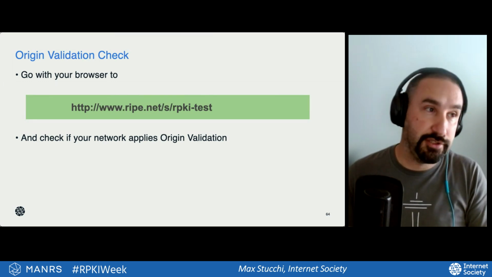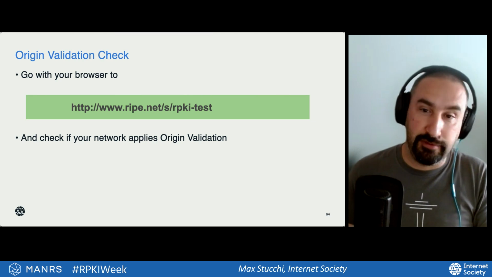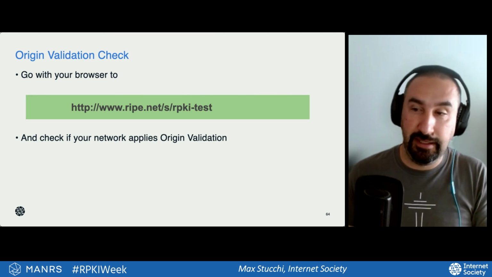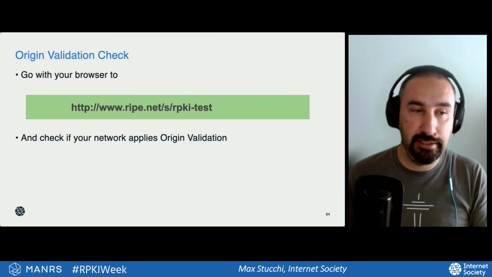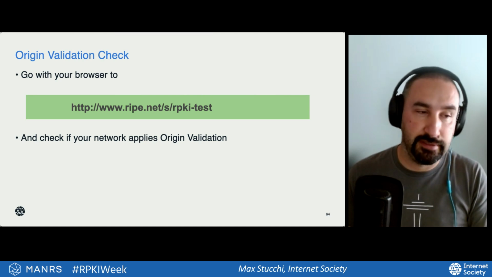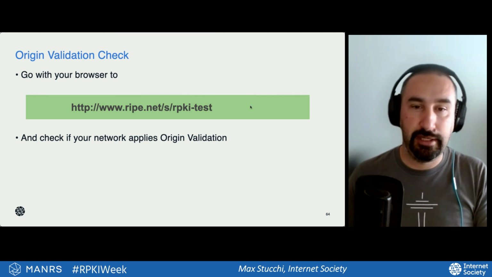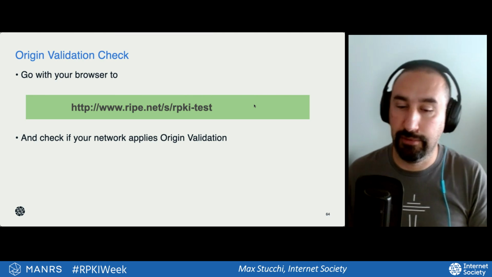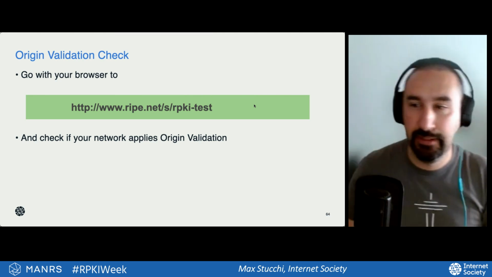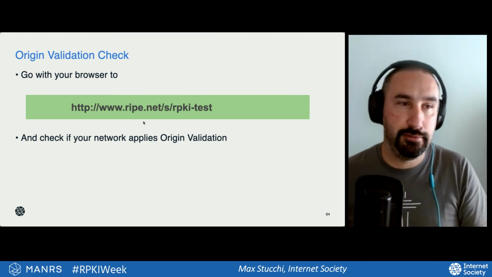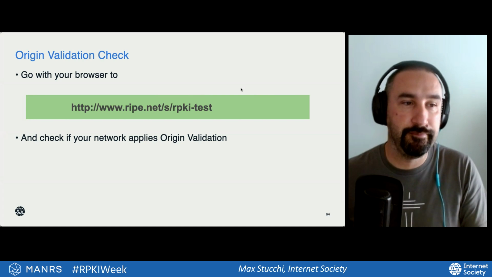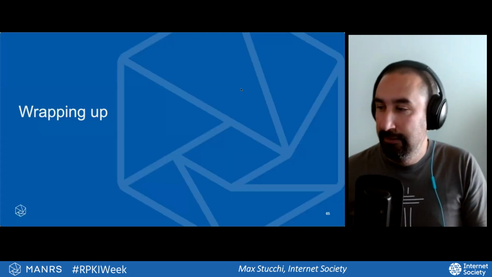If you can fetch the image from the invalid network, no origin validation is being applied. If you cannot fetch it, if it times out, then it means your network is protected and there's no way to reach the invalid network. It's a very simple trick you can do in JavaScript in a bit. So far, so good.